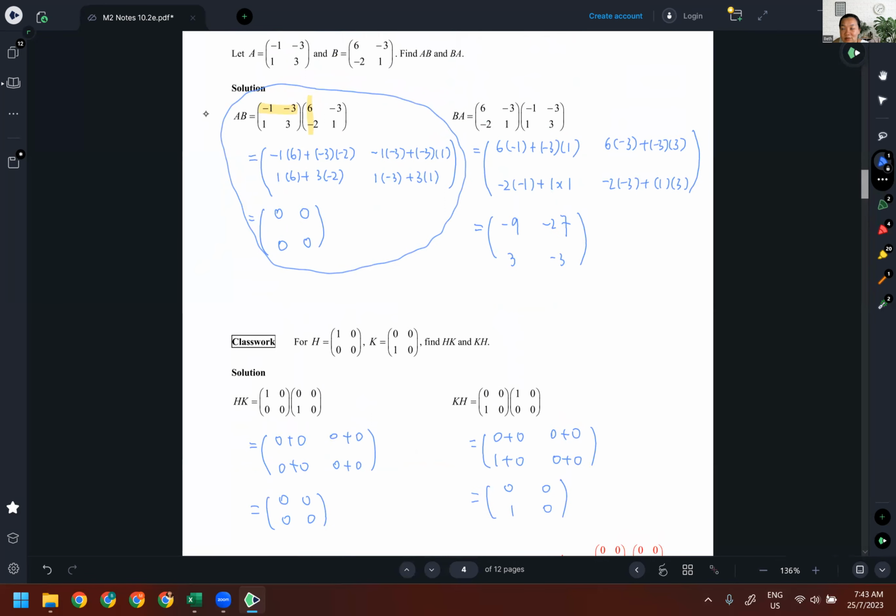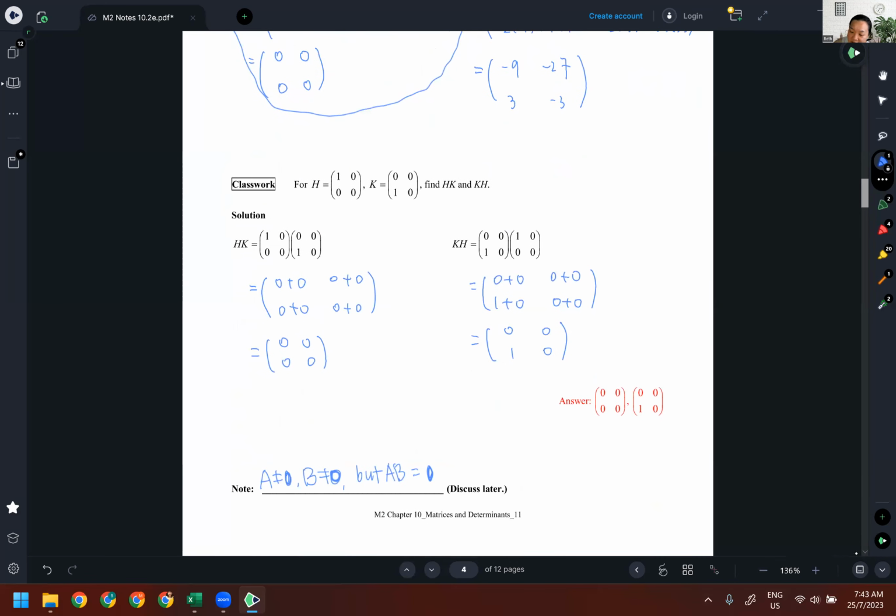You see this one? That's one example. The classwork is another example. You see, this is not 0. It has a lot of 0 in it, but the matrix is not a 0 matrix. Now this is also not a 0 matrix, but this one is a 0 matrix.